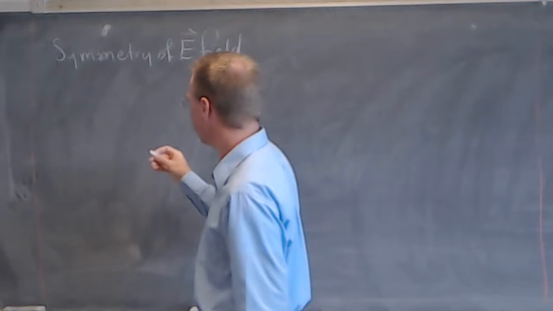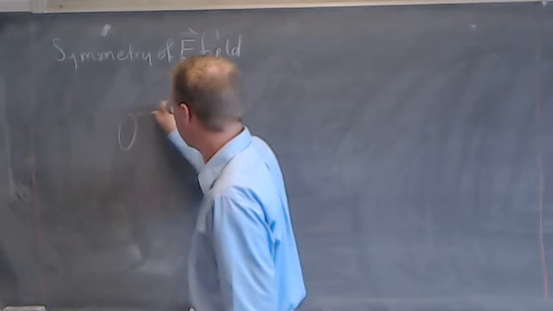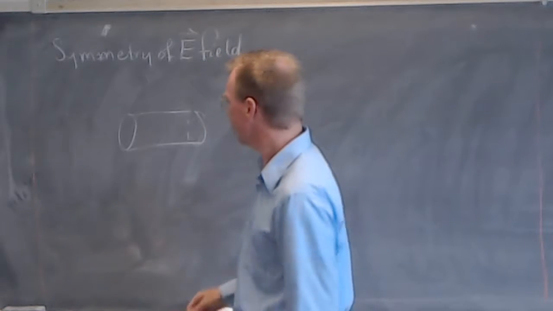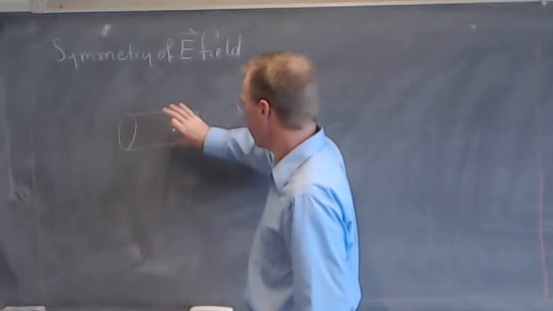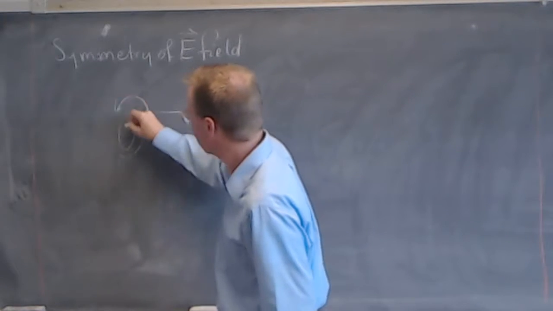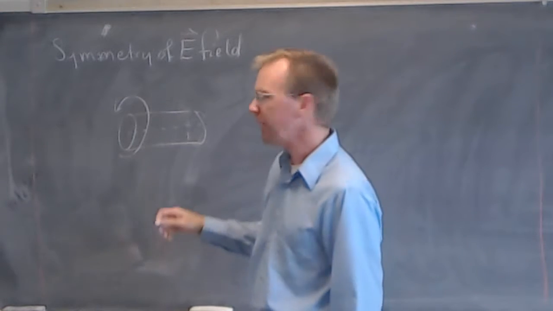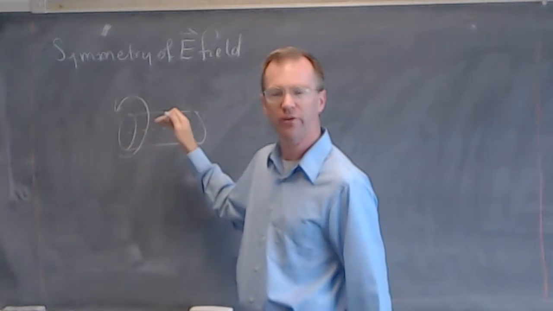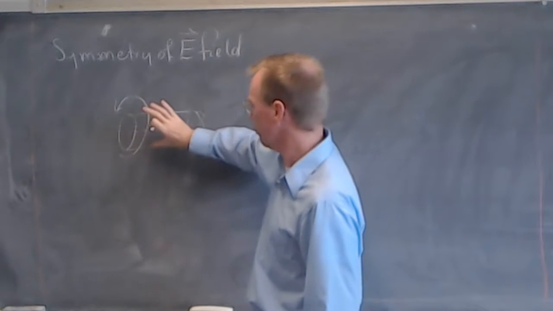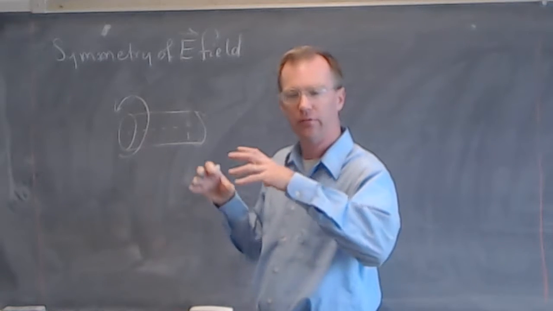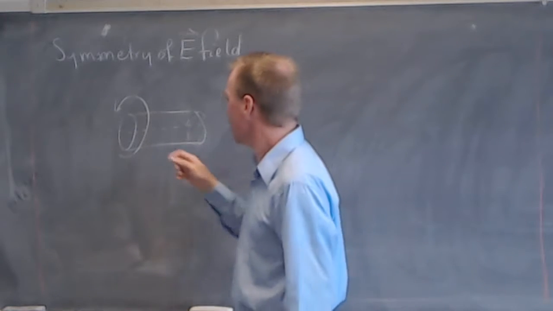Let's see. If I have a cylinder like this, I can rotate it around its axis. So it has an axial symmetry here. It looks the same if I rotate it a bit or back or whatever. It still takes up the same place.